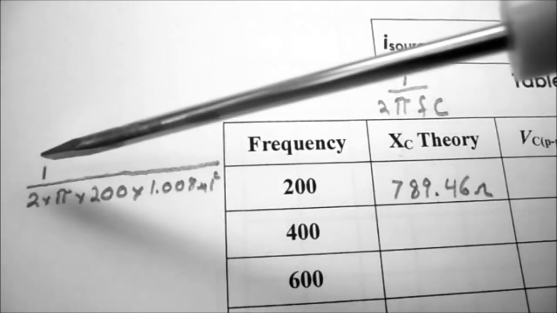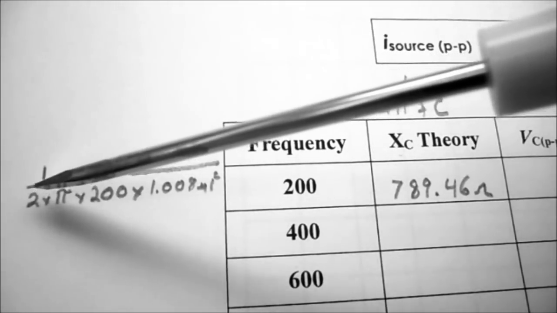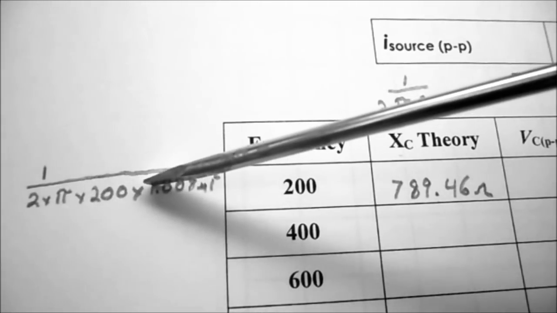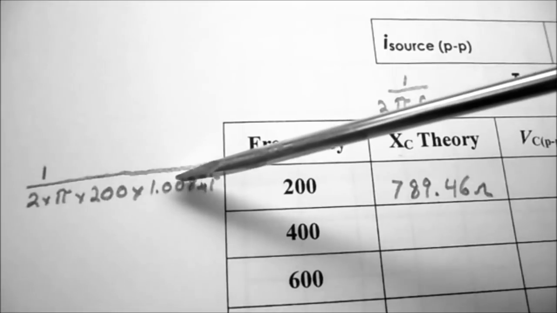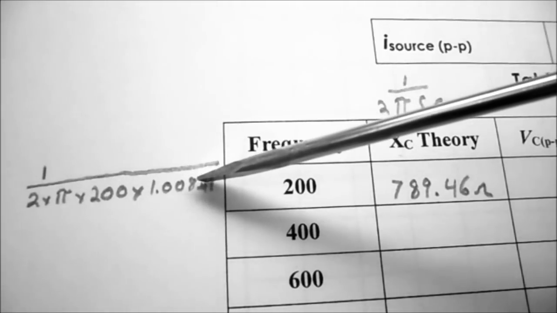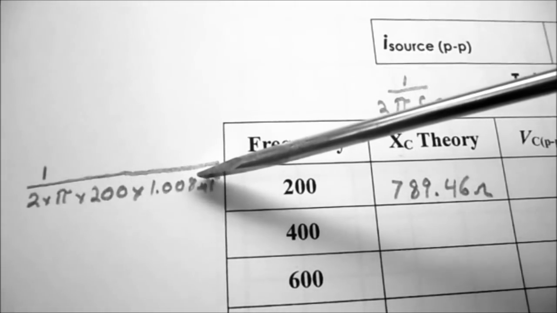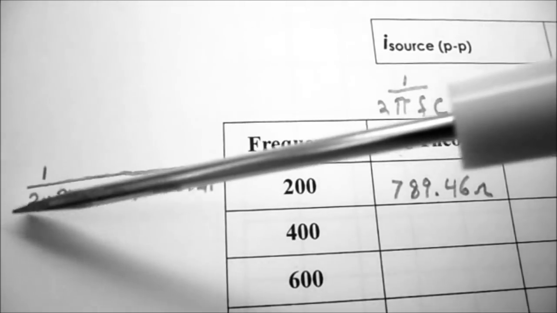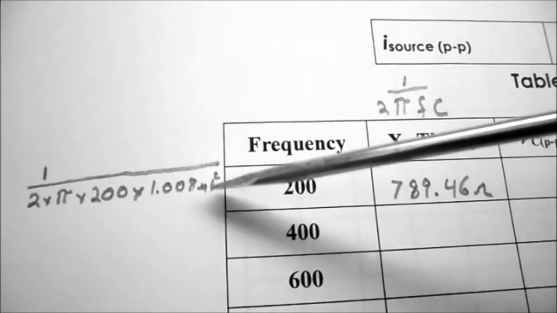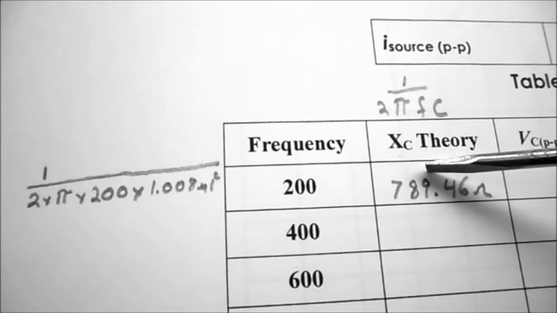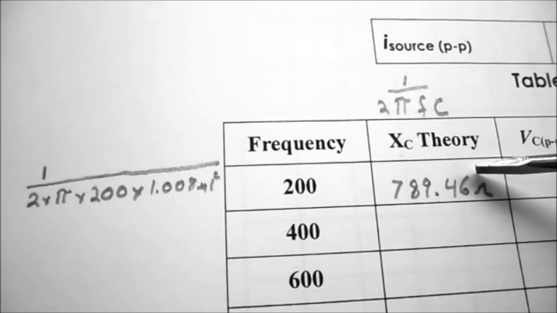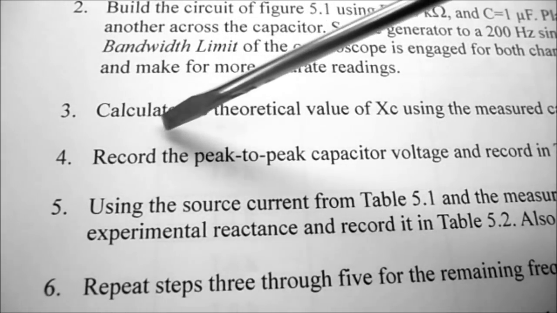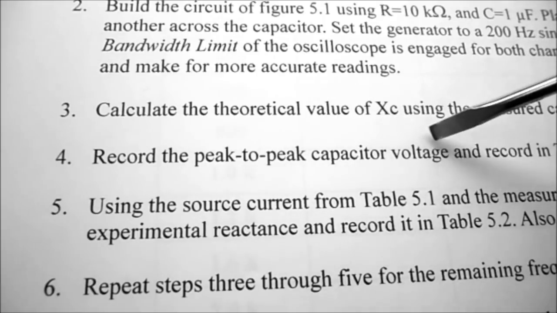So the calculation is 1 divided by 2 times pi times 200 times, in my case, 1.008 microfarads, so that's times 10 to the power of minus 6. If you're going to do 1 divided by, remember to put all of these in brackets. And the answer should be 789.46 ohms.